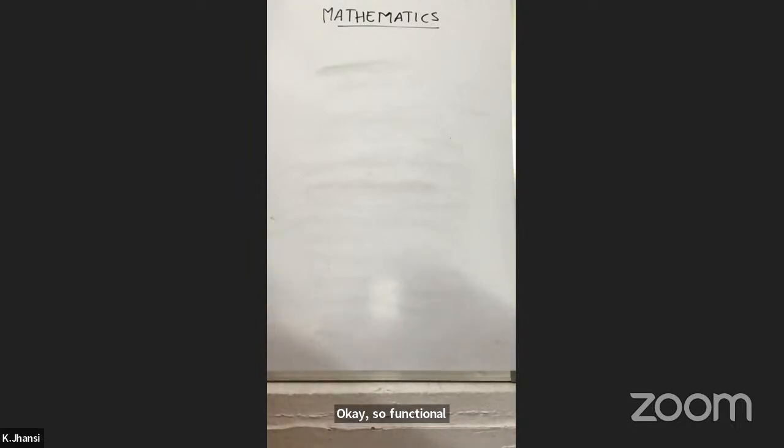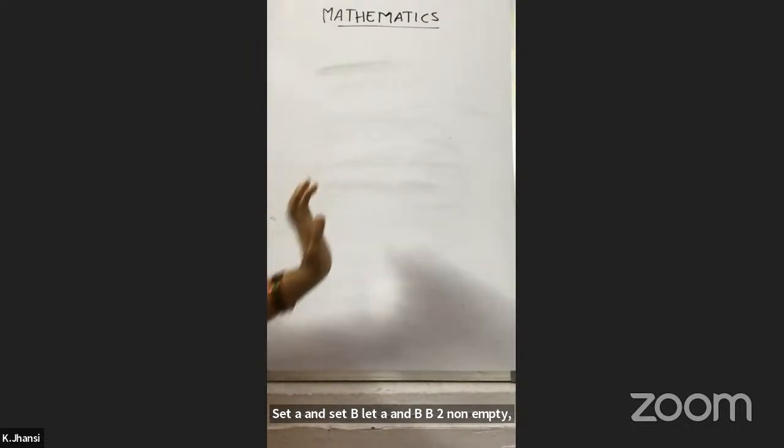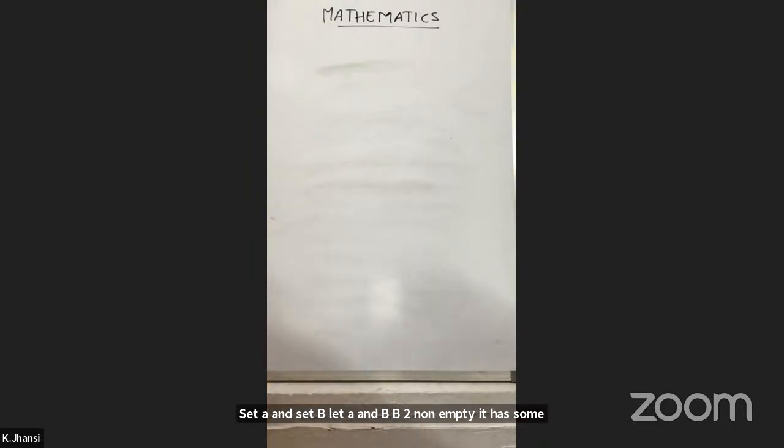Set A and set B. Let A and B be two non-empty sets. Non-empty means it has some elements in it. Okay. We can call it a function, or a mapping from A into B, meaning a rule that assigns to each x belonging to A a unique element y belonging to B. Or else another definition is also there.